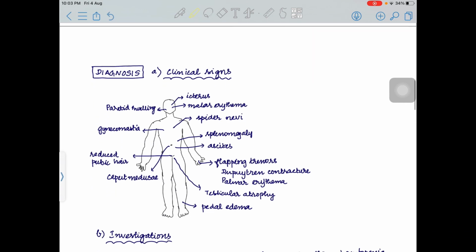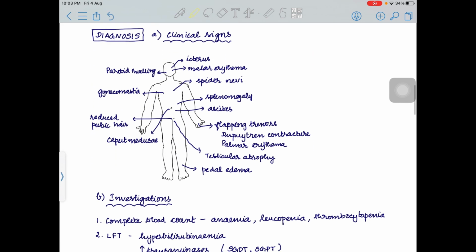Moving on to the diagnosis. Under diagnosis, I have mentioned diagnosing through clinical signs and through investigations. So when you represent in a diagram format, you're definitely bound to get higher marks. So a graphical representation from head to toe, what are the signs of cirrhosis of liver?